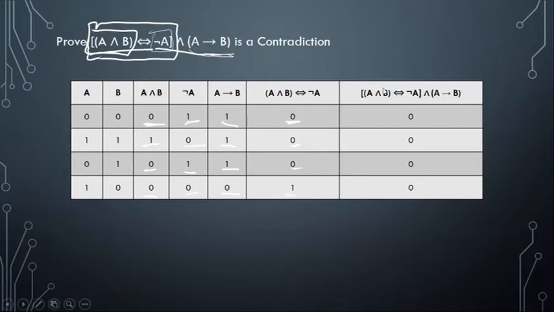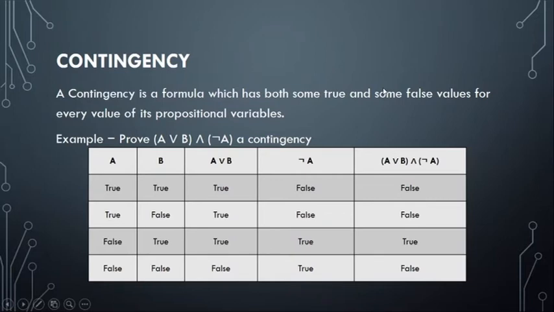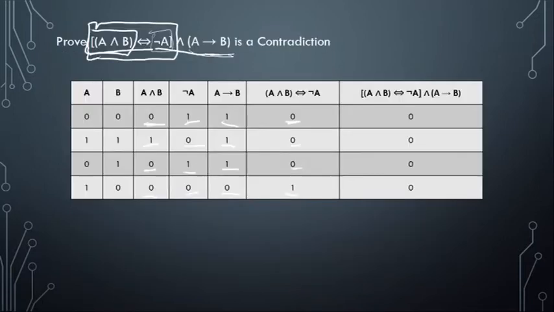Now, let's do the final proposition. So, the combination of all the propositions na. So, if A, so A and B biconditional to not A, and if A, then B. So, dire ta magbase. Kanina siyan.